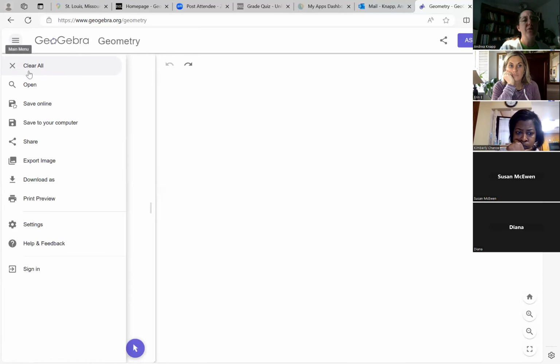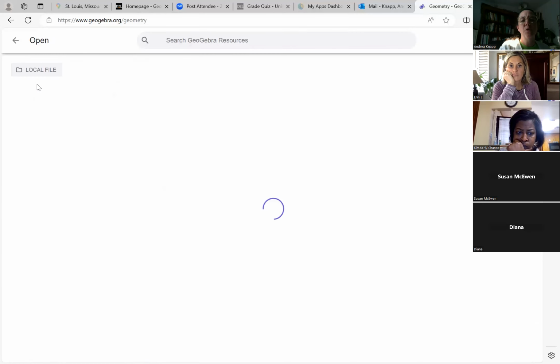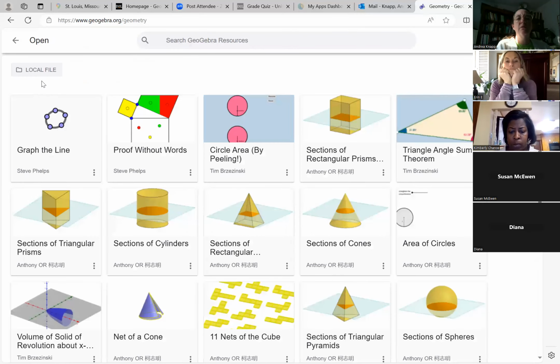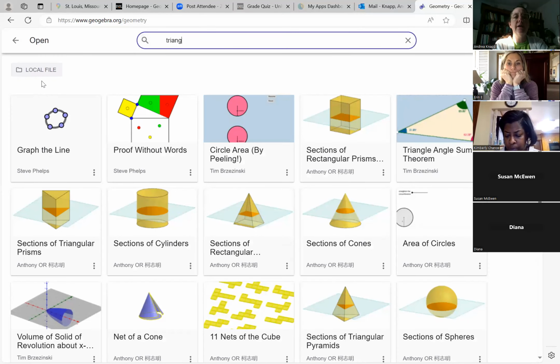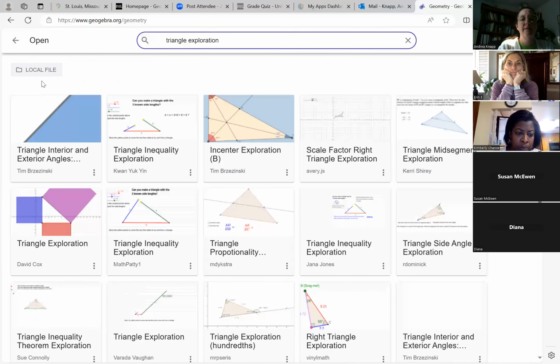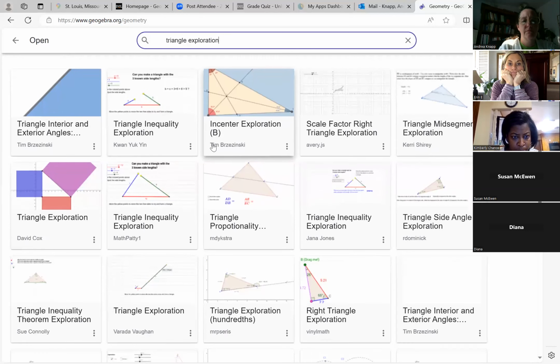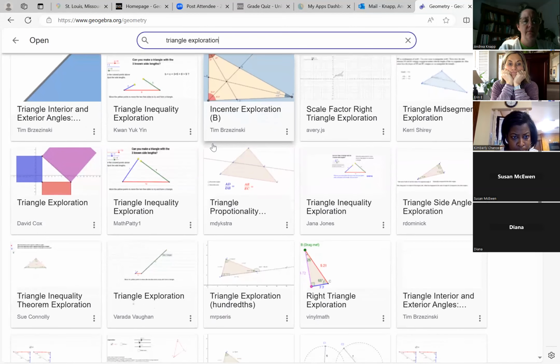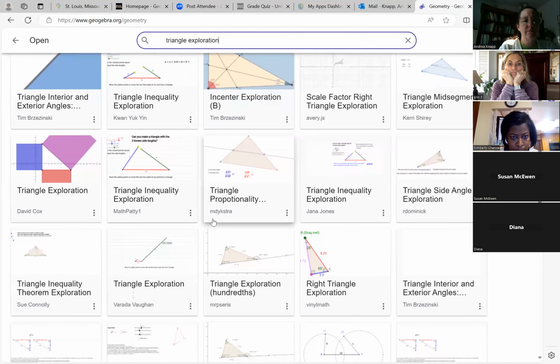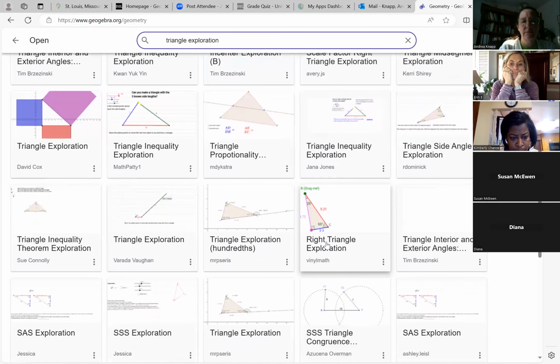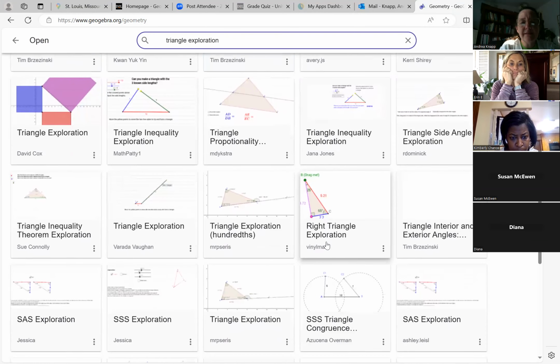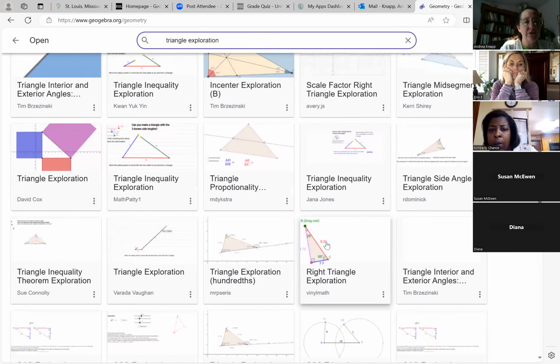Or we could open a pre-made one, which is what I'm going for. So I'm going to search for a triangle exploration. I'm just looking for one that has the sides and angles already measured.